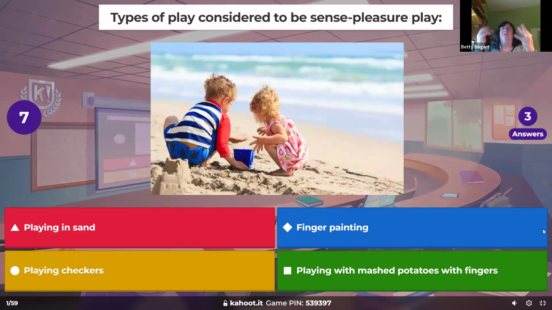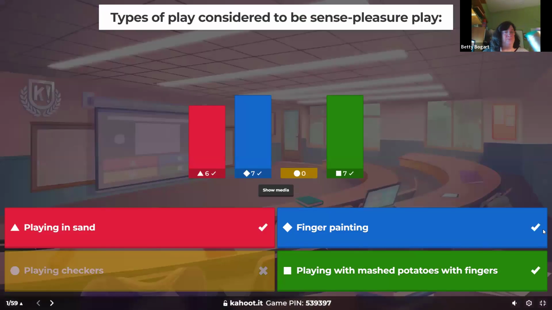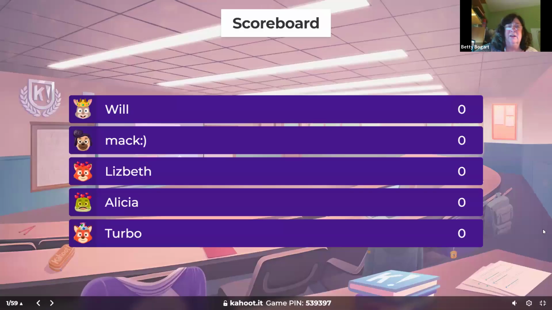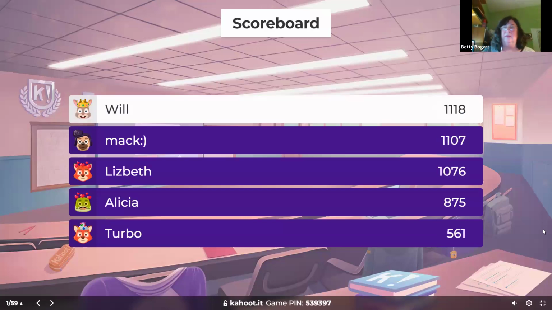So it's all about the touch, the taste, and the movement. So it's sand, finger painting, and mashed potatoes. They'll sit there and smush. I used to love to let my kids smush it all over the high chairs. They just loved that sort of stuff. Because when they were done, they always went to the bath. That's what I did.